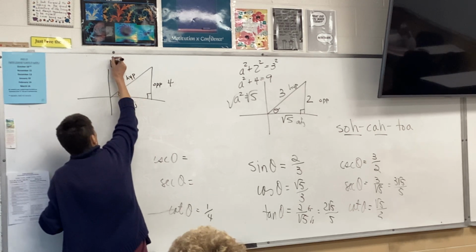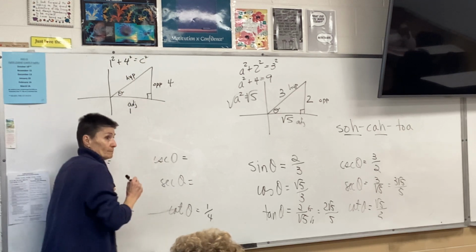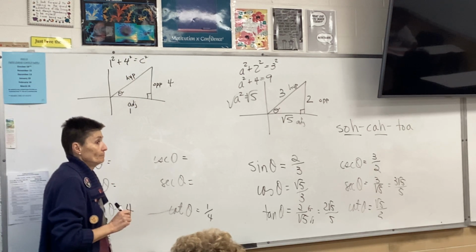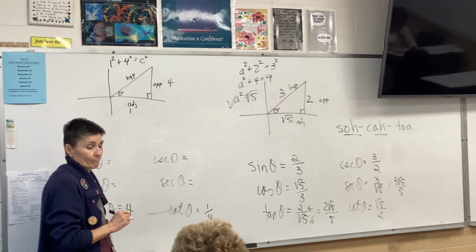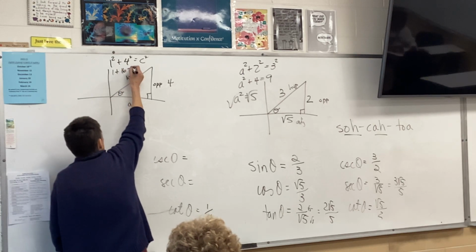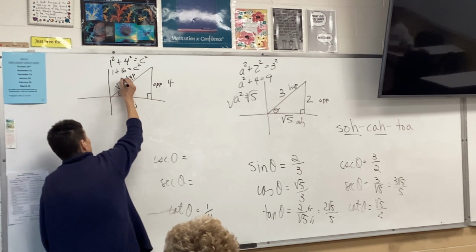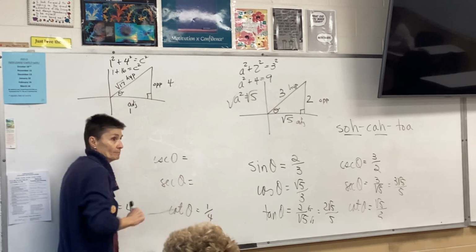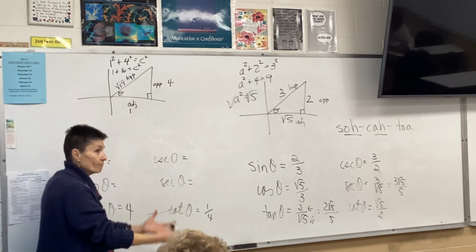So a squared plus b squared equals c squared. So 1 plus 16 equals c squared. For your hypotenuse, did you get the square root of 17? And now we just fill them in.